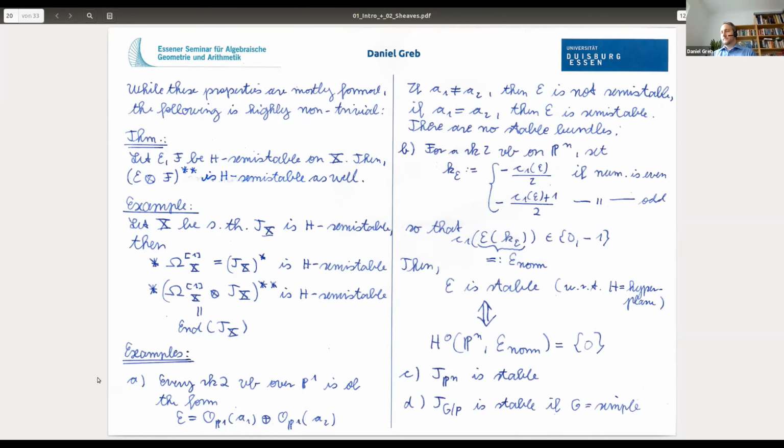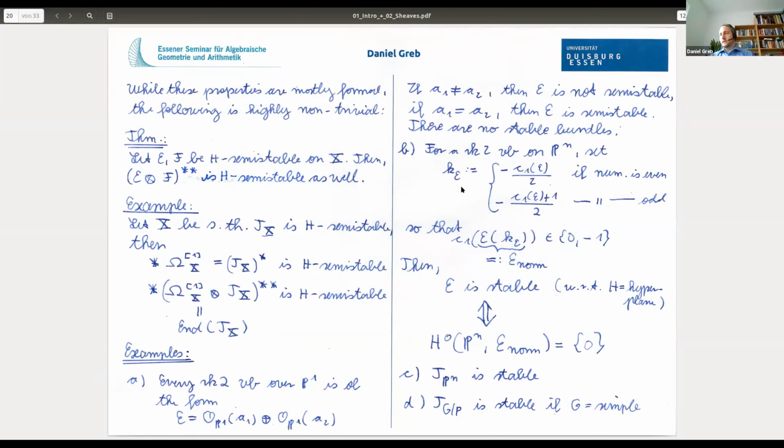Another thing which already indicates that stability, if you know that a bundle is semi-stable or stable, gives you some information about sections, and you can control sections, is the following. Let's look at, again, a rank 2 vector bundle, but this time over Pn, not P1. And then I will normalize it in the following way. I look at the first Chern class, which because of the topology of Pn is just a number, an integer.